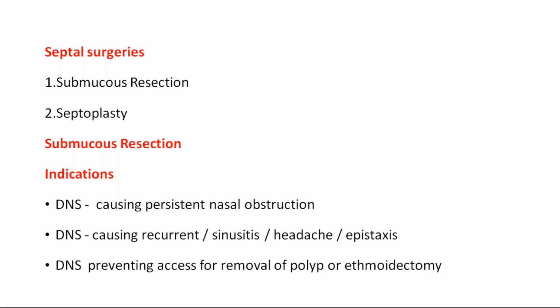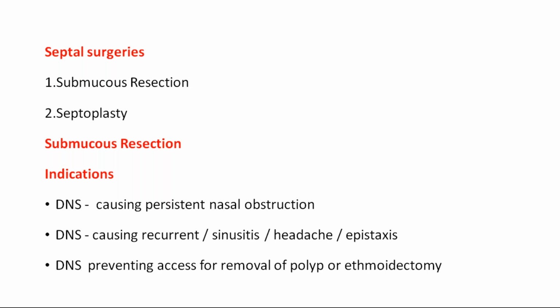While separating the bony cartilaginous junction, you should be very gentle so as to prevent any tear on the opposite side. So always remember, when you are doing a septal surgery, in between you should have a look into the opposite nostril to find out whether you have made any tear or not. If there is a small tear, then you have to be more cautious.